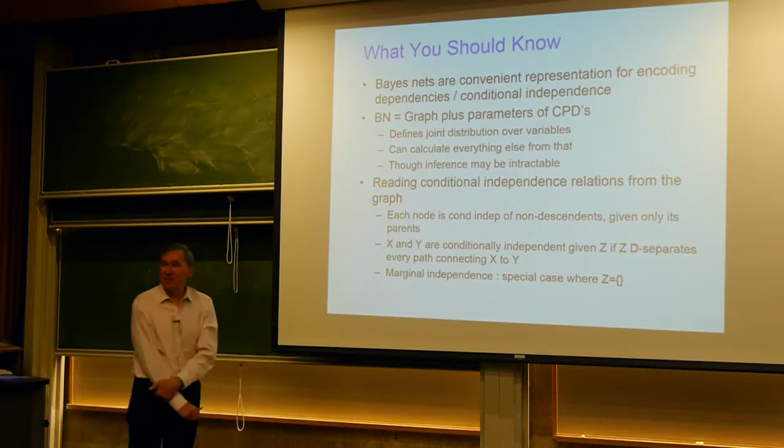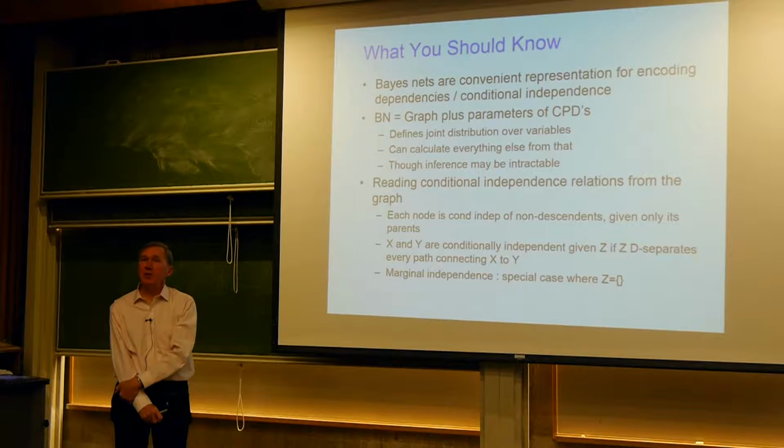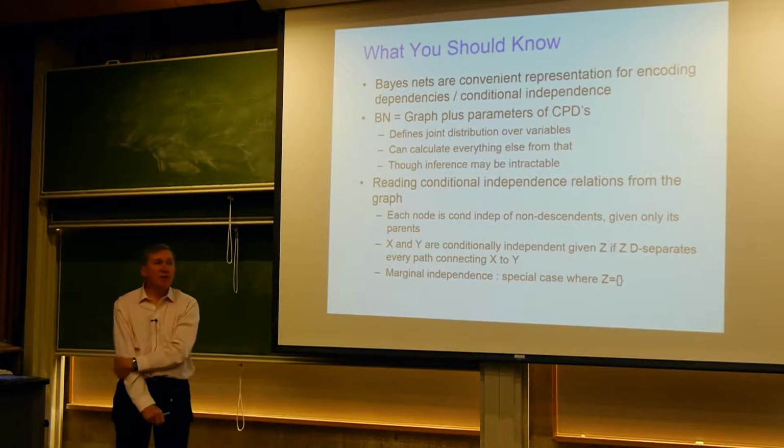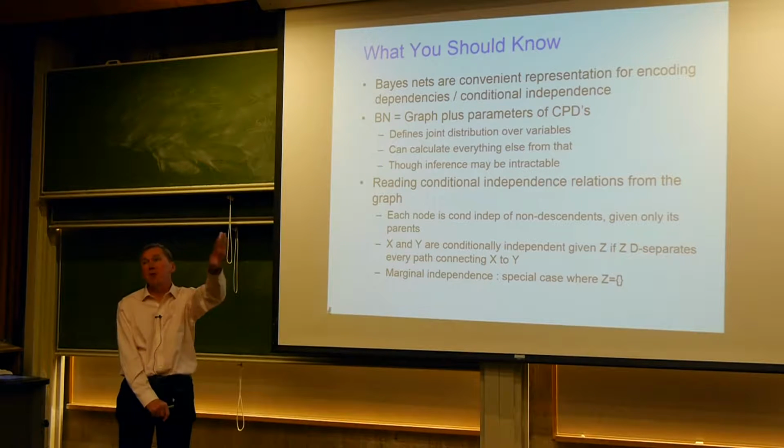So since Bayes nets are simply a representation of the joint distribution, that statement holds as much for Bayes nets as it held for the case in lecture 2 where we were just talking about having a table.